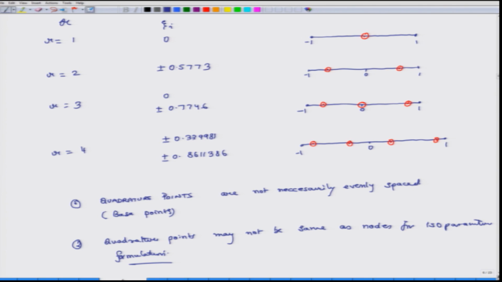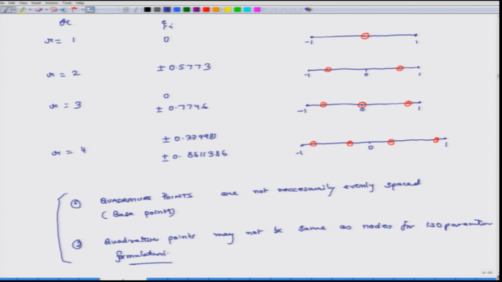What does that mean? In isoparametric formulation, if r is equal to 2, there are 3 quadrature points, and also the number of nodes will be 3, and they may not be the same. The nodes will be at minus 1, 0 and 1, but the quadrature points may not be same. So, these are the two important things to note.